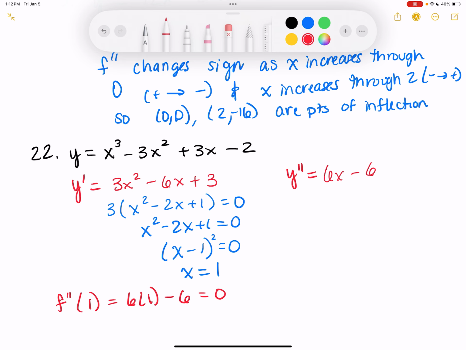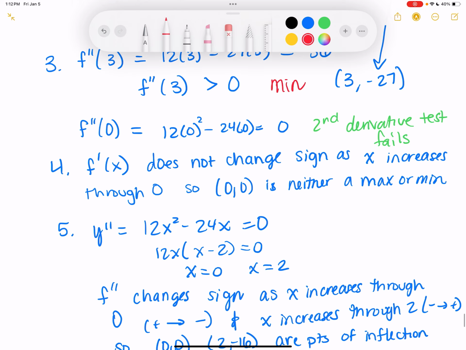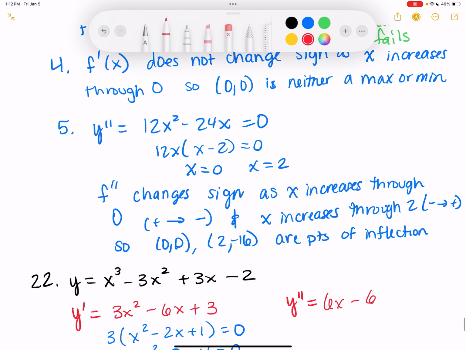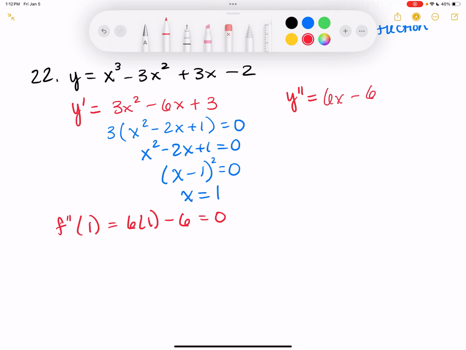So I've got to go to step 4 and see what happens to the sign of the first derivative as we go through that point. If I put in 0, you get positive. And if I do 2, you get positive.